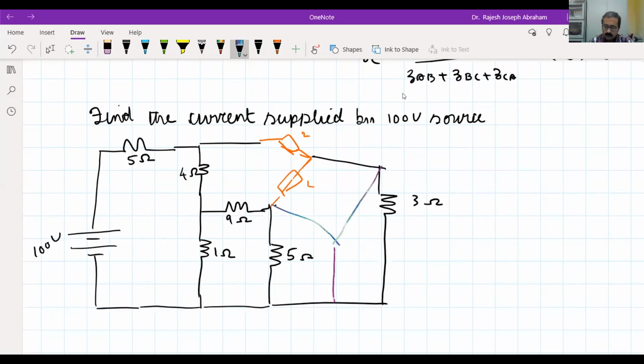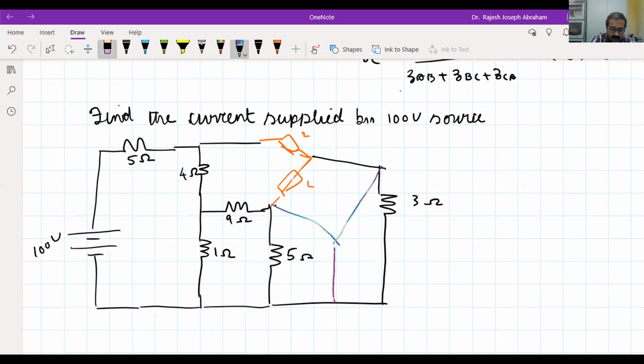So this 5 ohm will vanish, 3 ohm will vanish, and this impedance will also vanish.